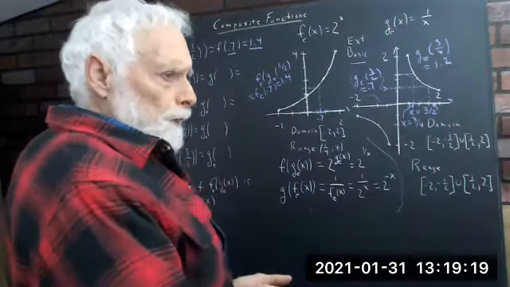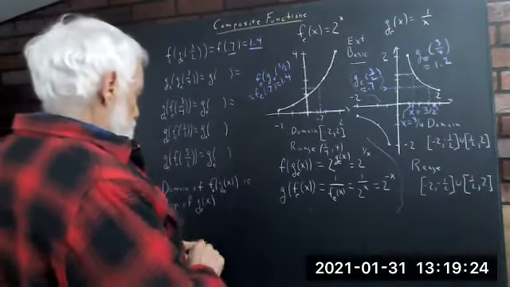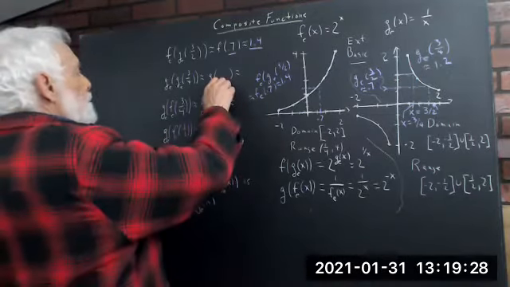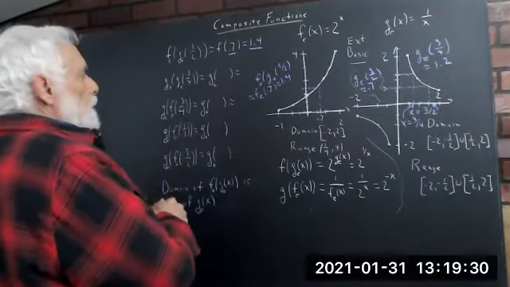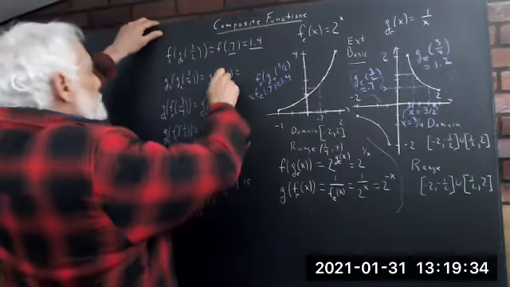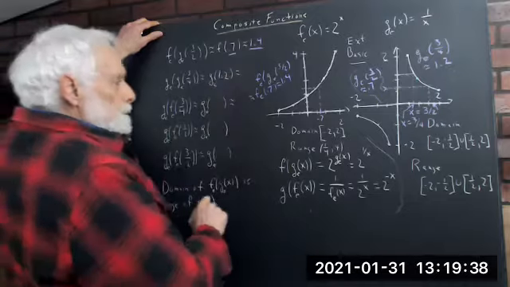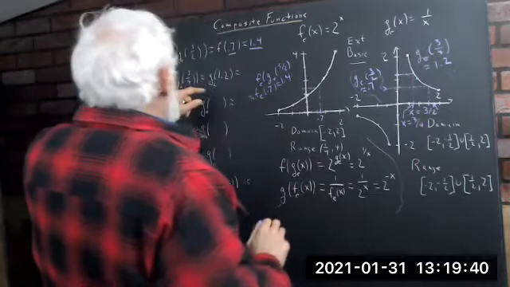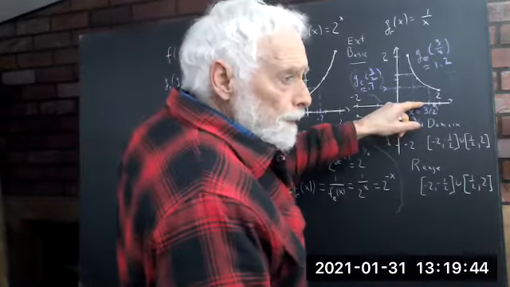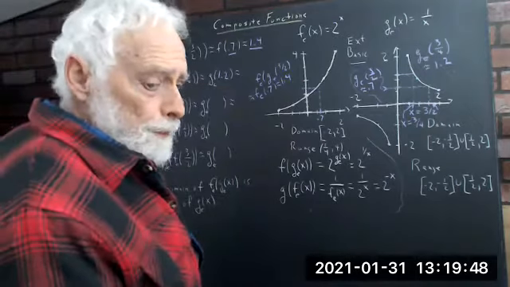But do it carefully, do it accurately. Okay, well then g of g of 3/4 would be g of 1.2. And now we have to go to the g graph, and we have to go over here to 1.2 because we've got to do g of 1.2.